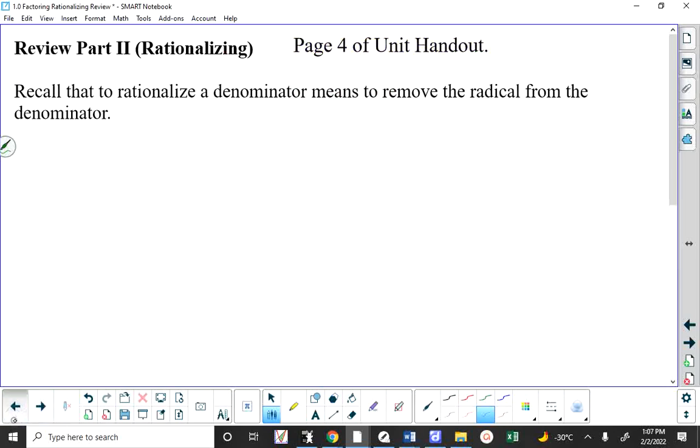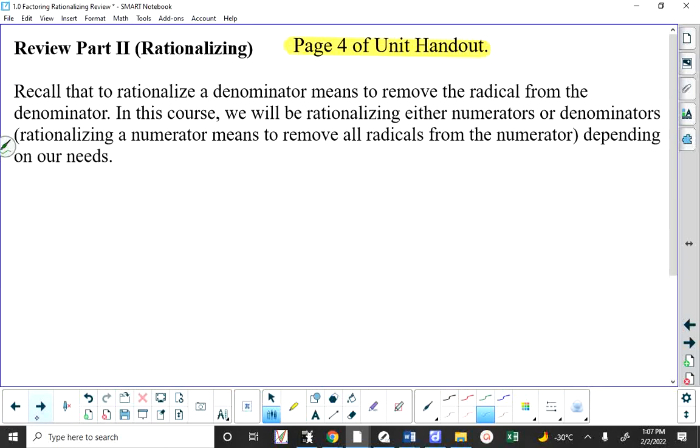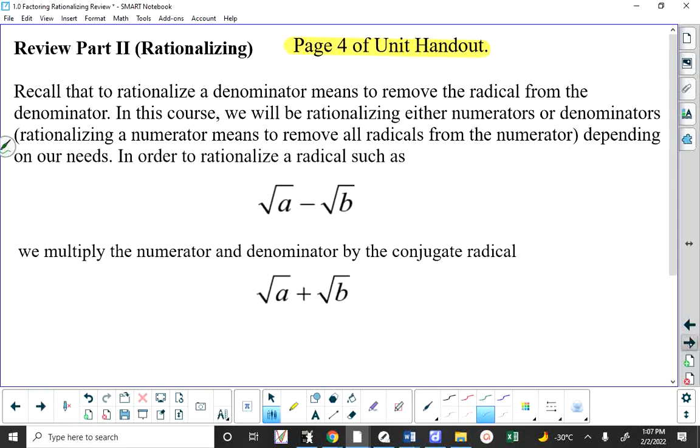So now let's talk specifically about rationalizing. In this course, you're rationalizing either a numerator or a denominator depending on your needs, okay? And you will get more experience with that. If you have a radical that's a binomial, like root a minus root b, root a minus root b can be rationalized.